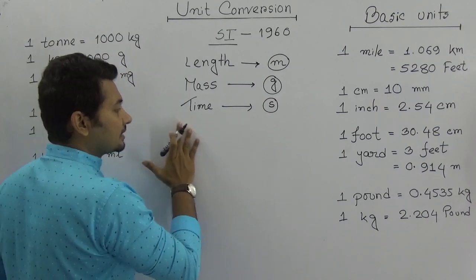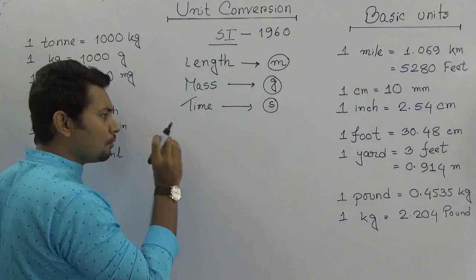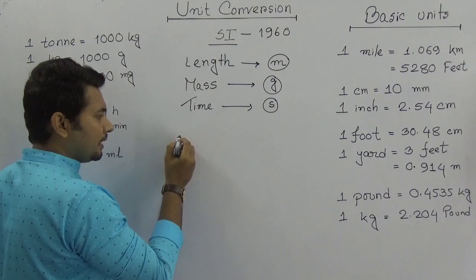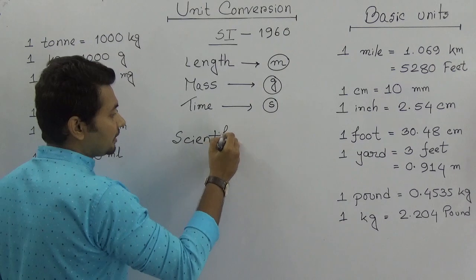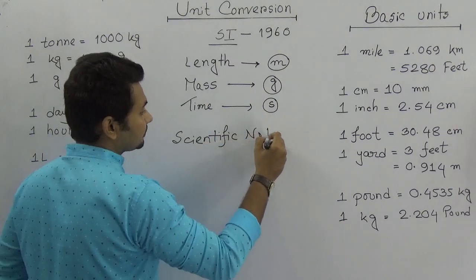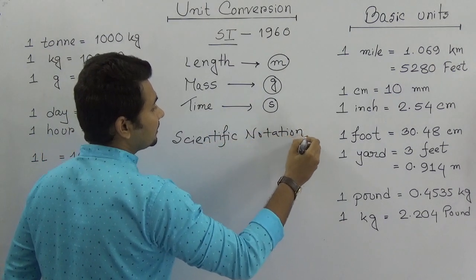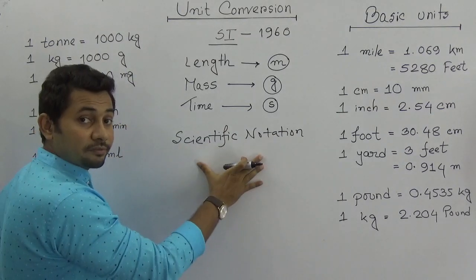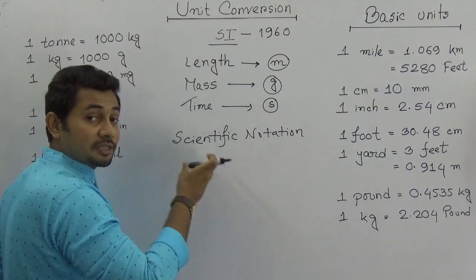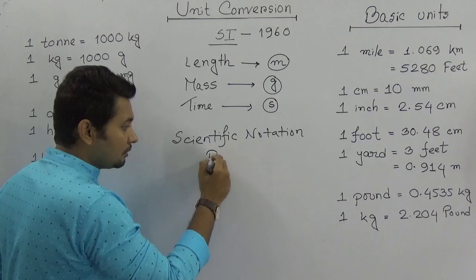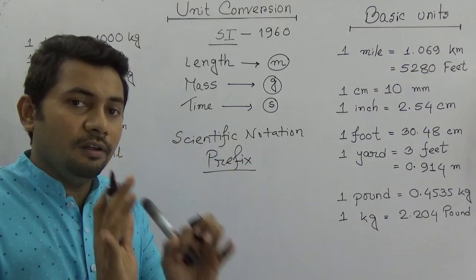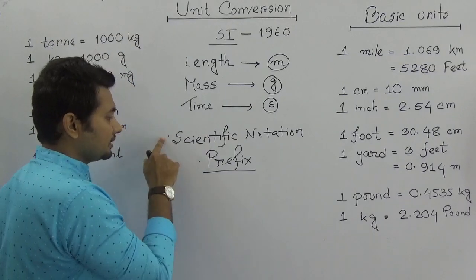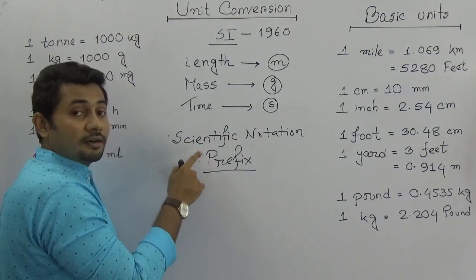To understand unit conversion, we need to know one thing: we studied scientific notation earlier. I have already uploaded a series of videos about scientific notation and how we can express it, and we also need to know prefixes. I have uploaded these tutorials because this is all under physics.